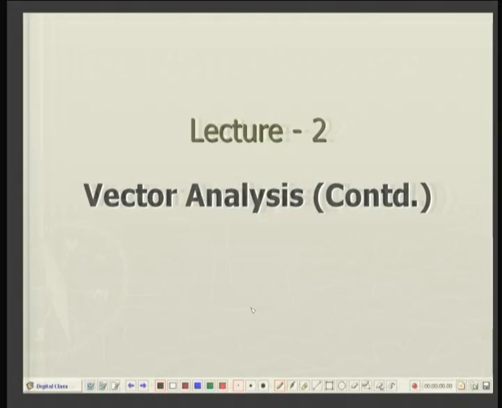Lecture 2 is a continuation of the topic of vector analysis. You may recall that we were discussing vector algebra and in particular the multiplication operation for vectors.